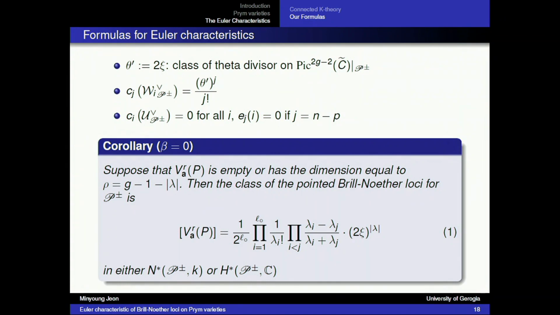The theory is really deep, so I'm not going to explain what a Riemann zeta function is, but it is just the zero set of that kind of function. So in the numerical equivalence sense, these are isomorphic. So we use these specializations to compute the class of the pointed loci inside the numerical group or the singular cohomology of the Prym variety.